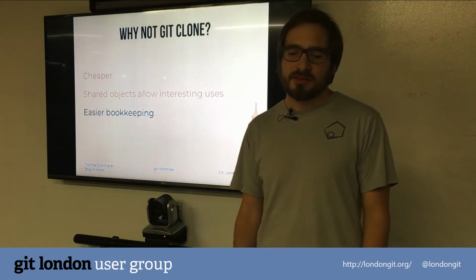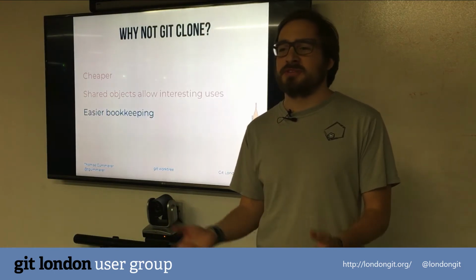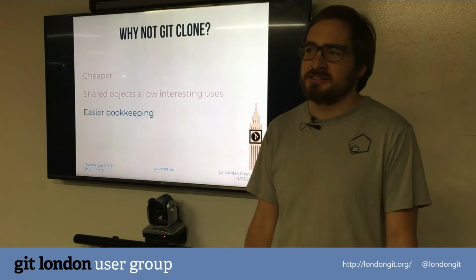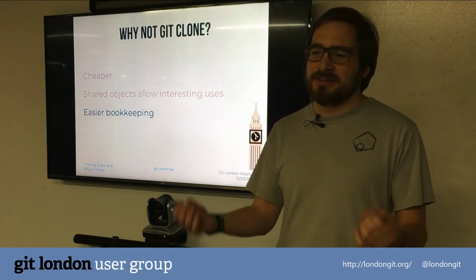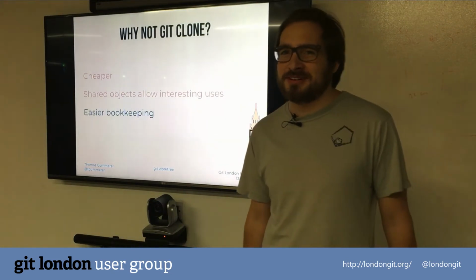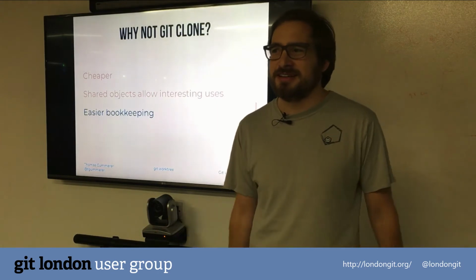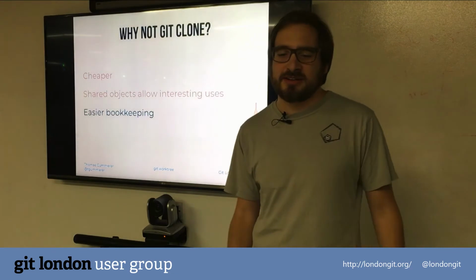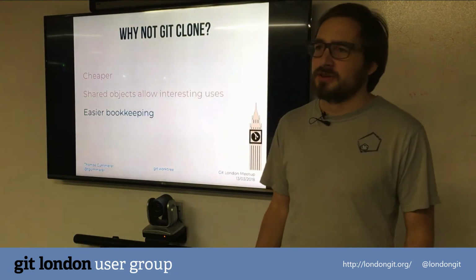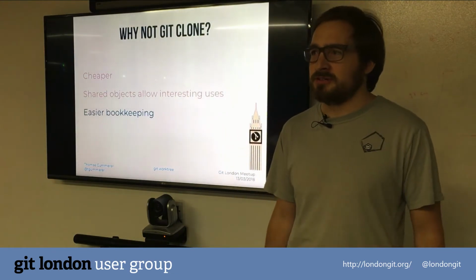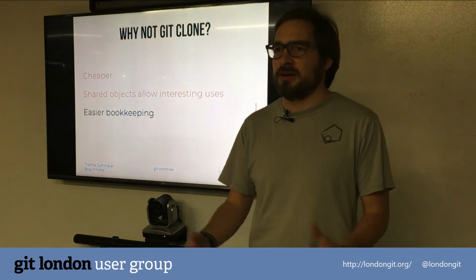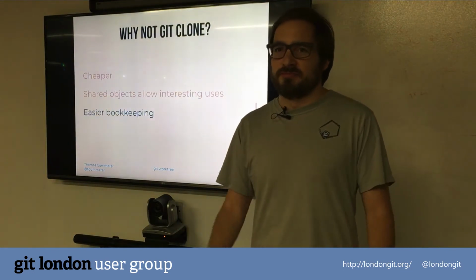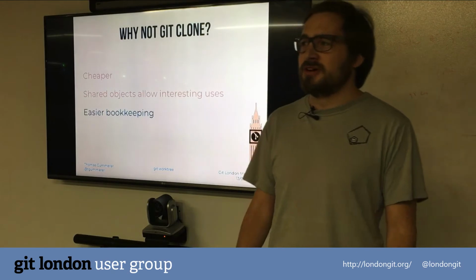So if you git cloned to some random location on your file system, then if you're like me, you're probably gonna forget where you put that. Meanwhile, the git worktree command gives you an easy way of showing all of the worktrees you currently have, so you can easily get back to them and work with them and remove them once you're done.